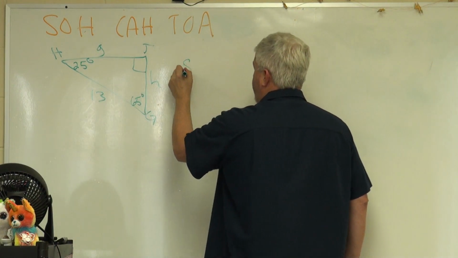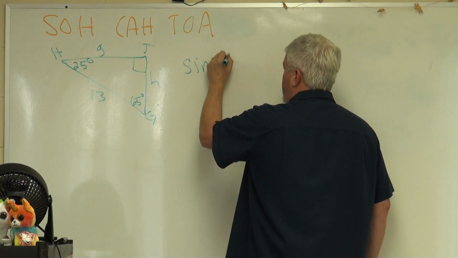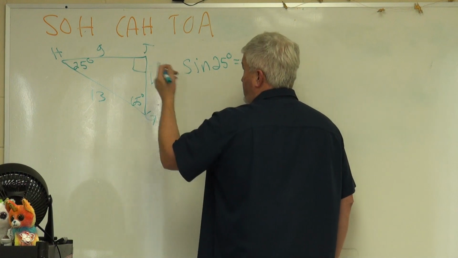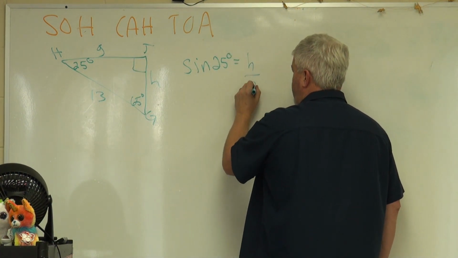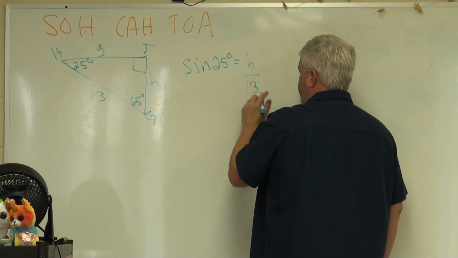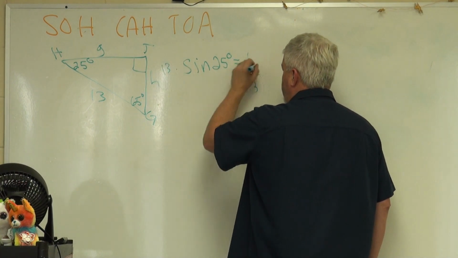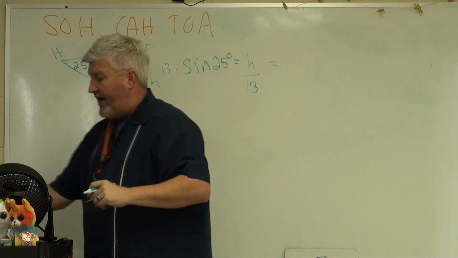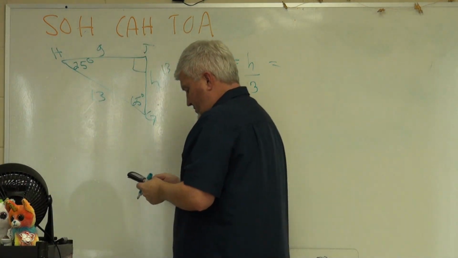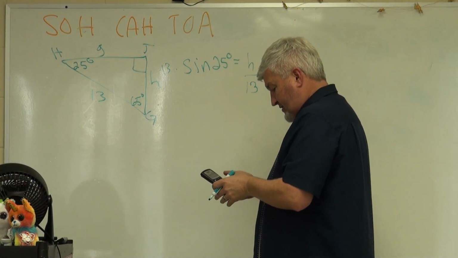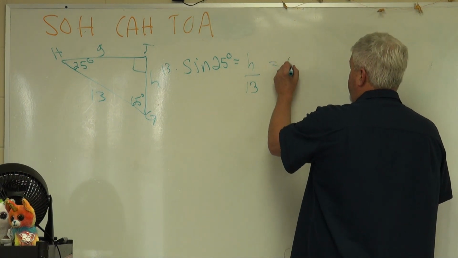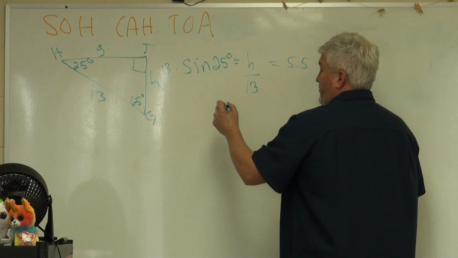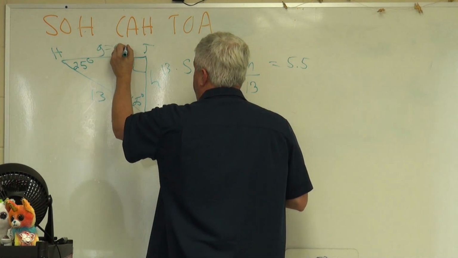So sine of 25 equals opposite, which is h, over hypotenuse, which is 13. H is on top, so I multiply. 13 times the sine of 25 gives me 5.5. Right, so this equals 5.5.